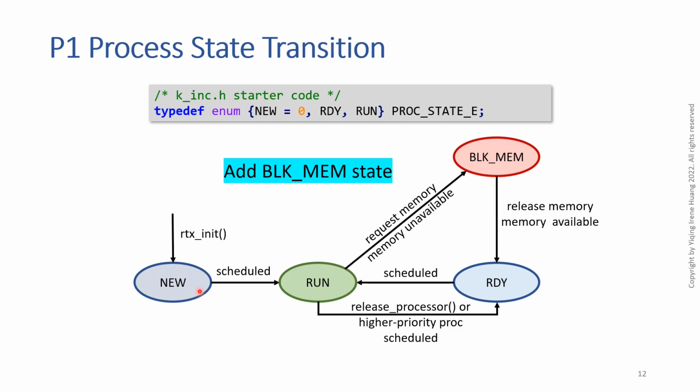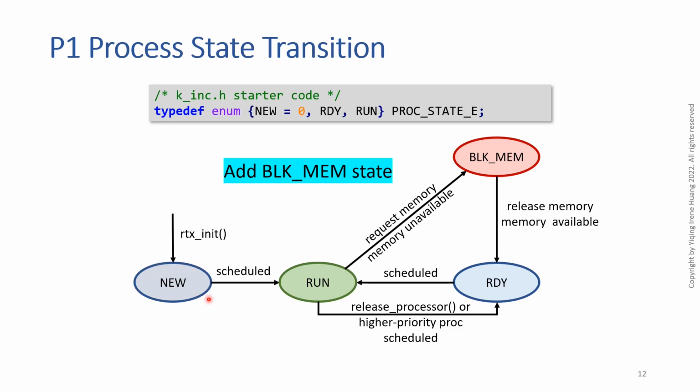And you may not see this in the lecture, but it appears in this lab starter code. It's the new state. This can be considered as a special ready state. So I have a process I just created, and we call it new state. And if the scheduler picks it, then instead of going to ready and then to run, it directly goes to run state.